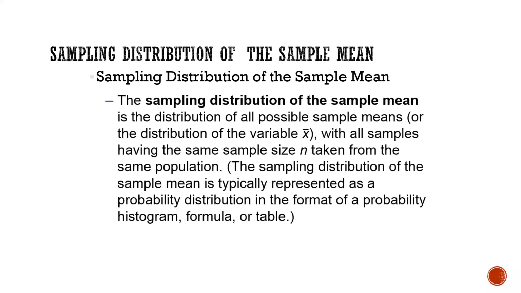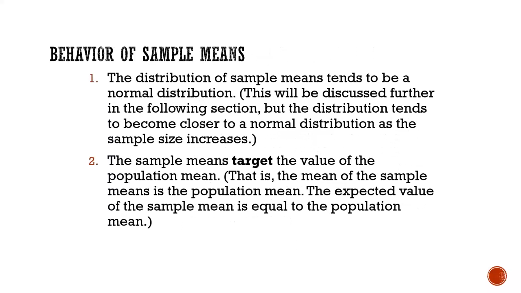This group has a mean height of 5'9", 5'5". What would we notice? The distribution of sample means tends to be normal, and the sample means tend to target the value of the population mean.